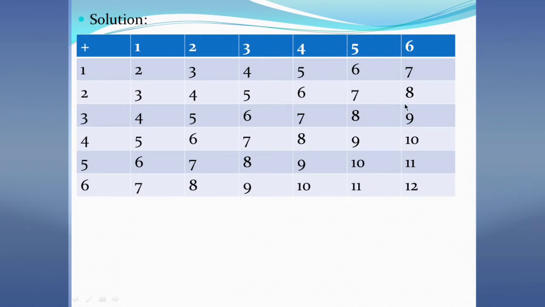And 7, 8, 9, 10, 11, 12. Take note, we end at 12 because it's a pair of dice, meaning two dice. But there are many possible outcomes. The total number of possible outcomes when we toss a pair of dice is 36. That's what I'm telling you: if you list the possible outcomes one by one, you will have difficulty because there are 36 possible outcomes in total when we toss a pair of dice.